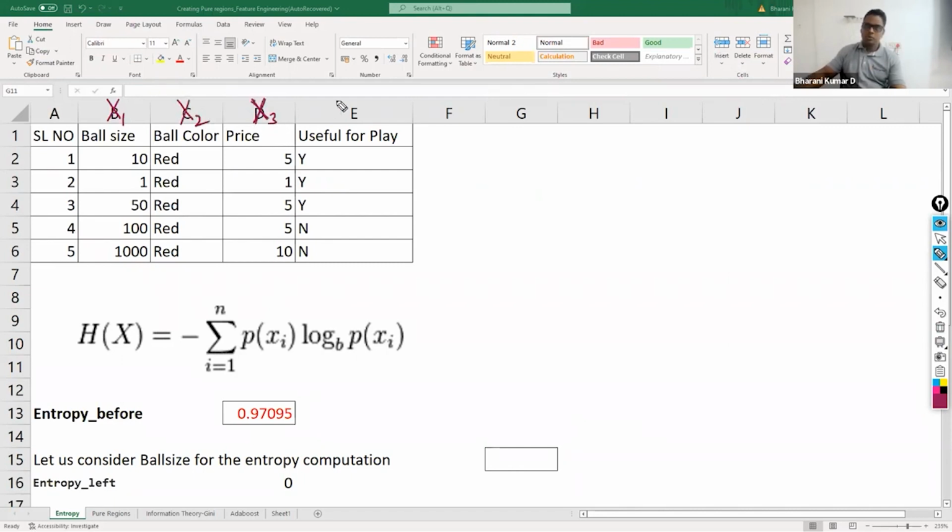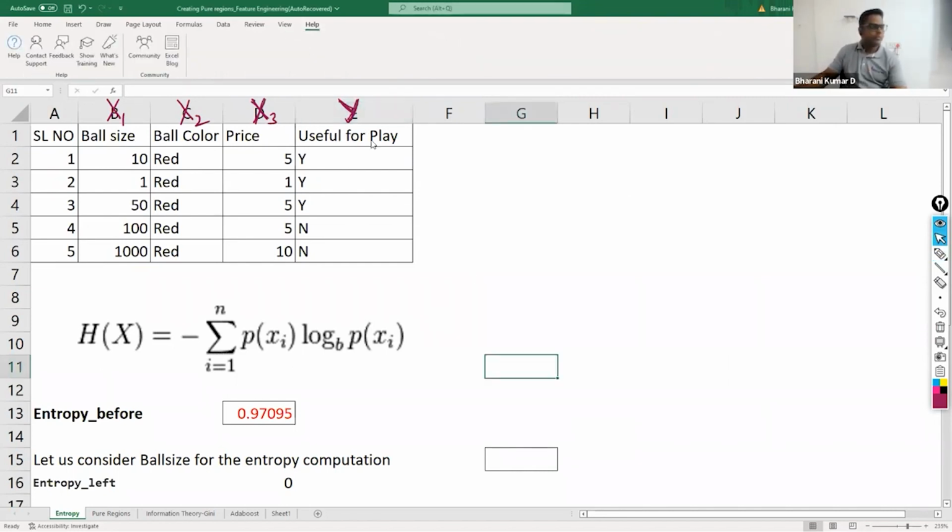Say you have 3 inputs or 3 features, and then you have an output variable which says useful for play. A specific ball, cricket ball or football or whatever: the size of the ball, color of the ball, price of the ball, these are the 3 inputs which are given. Given these 3 inputs, we need to check whether it is useful for play or not.